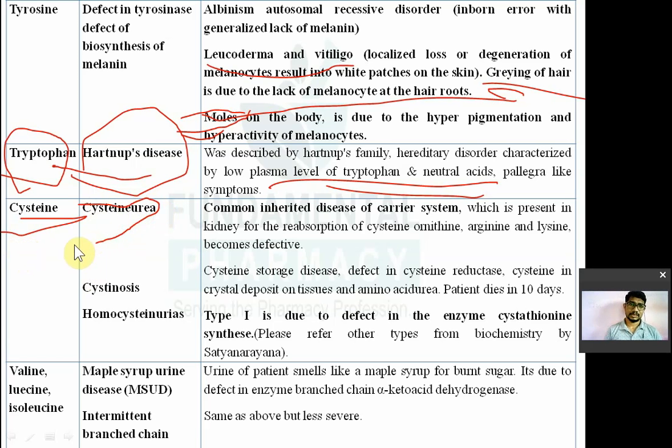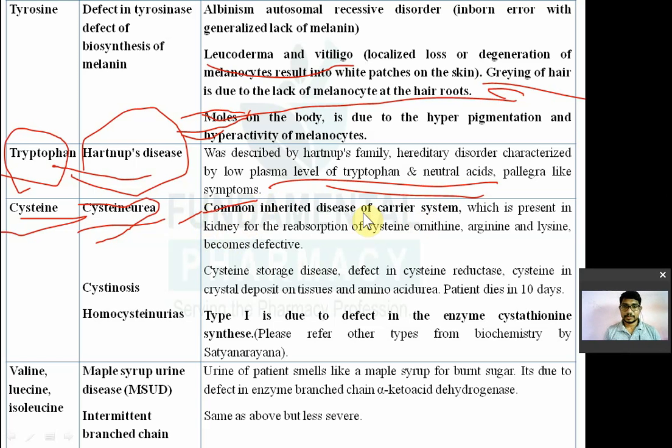So there is one protein known as a carrier protein which is required for the reabsorption of this cystine from renal tubules. जो किडनी का ट्यूबुल्स है उसमें से रीअब्सॉर्प्शन होने के लिए उसका एक प्रोटीन लगता है, कैरियर मेडिएटेड ट्रांसपोर्ट, जो आपने पढ़ा होगा, when we were discussing about the absorption chapter.